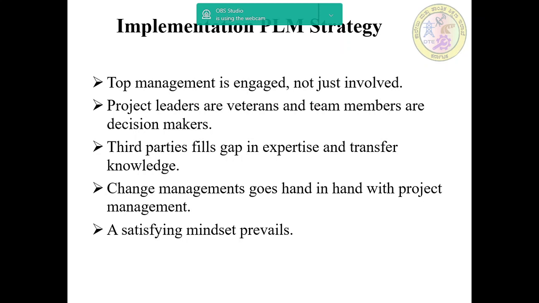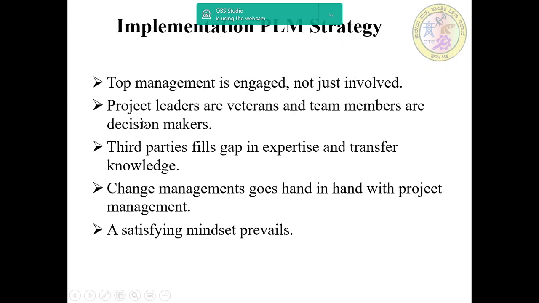If the top management is not engaged in making these decisions, the status quo prevails and no change occurs. Top management should take initiatives to boost revenue opportunities and in cost-saving decision making for the success of any organization. Engagement of top management is required rather than just involvement. That is the first point.